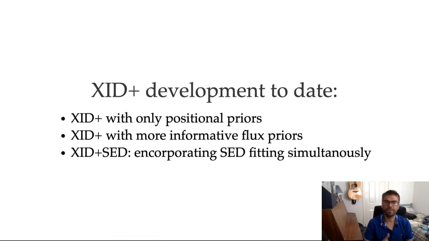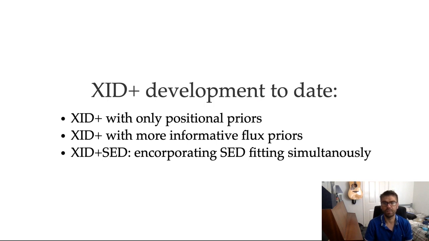So far we've had different iterations of XID+. For the Herschel Extragalactic Legacy project, we built up the framework for XID+ and used positional priors with some simple uniform prior distributions on the flux with sensible lower and upper limits.